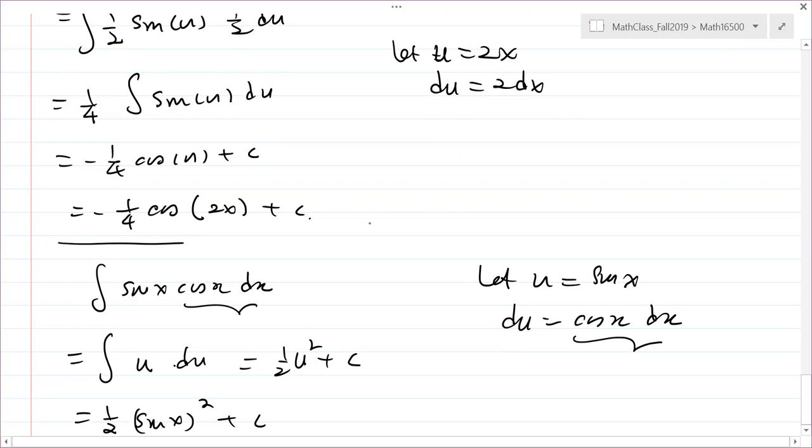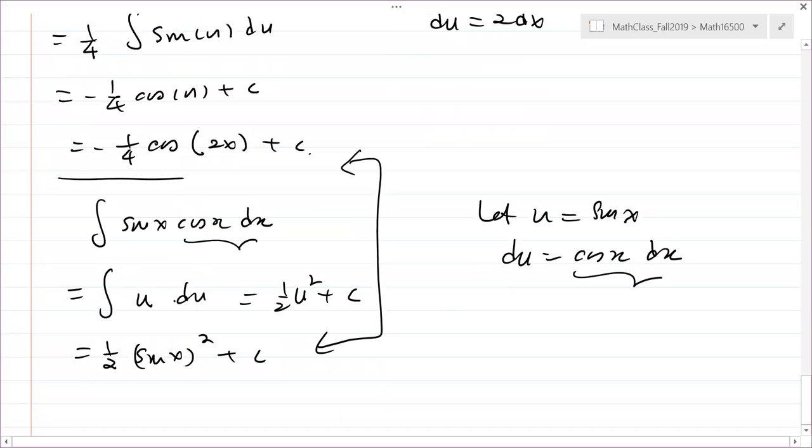And you compare this to the first answer. Why are they different? It's a different method. They're essentially the same. The constant could be different. Maybe I put a prime here. Within the same problem, we use a different constant.